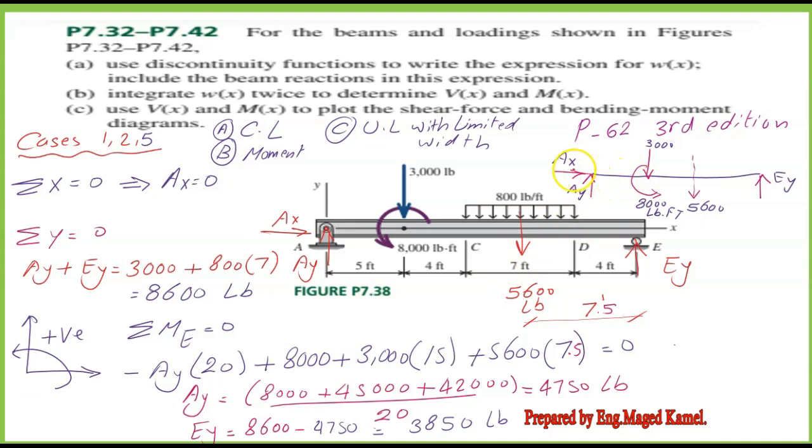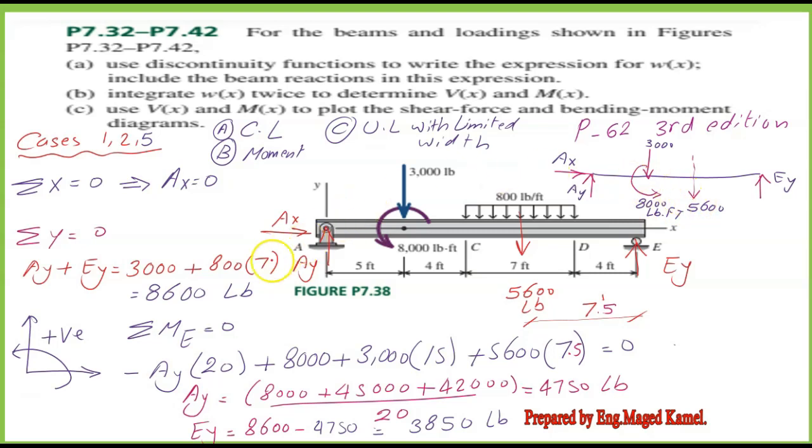Here is the free body diagram. We have here AX and AY, and on the other support we have a vertical load EY. This is a concentrated downward load of 3,000 pounds, and this is the concentrated moment of 8,000 pound-feet, which is acting anti-clockwise, and this is the total load of the uniform load as shown.